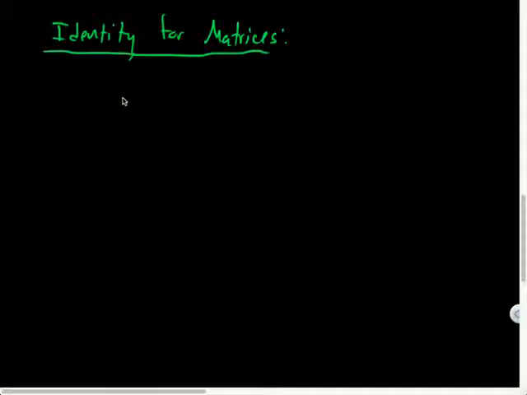So my question is, if I've got a 2 by 2 matrix, what could I multiply this by that would give me the same 2 by 2 matrix? Right? Well, what would it have to be? Well, I guess, okay, if it was a scalar, yes, you're absolutely right.